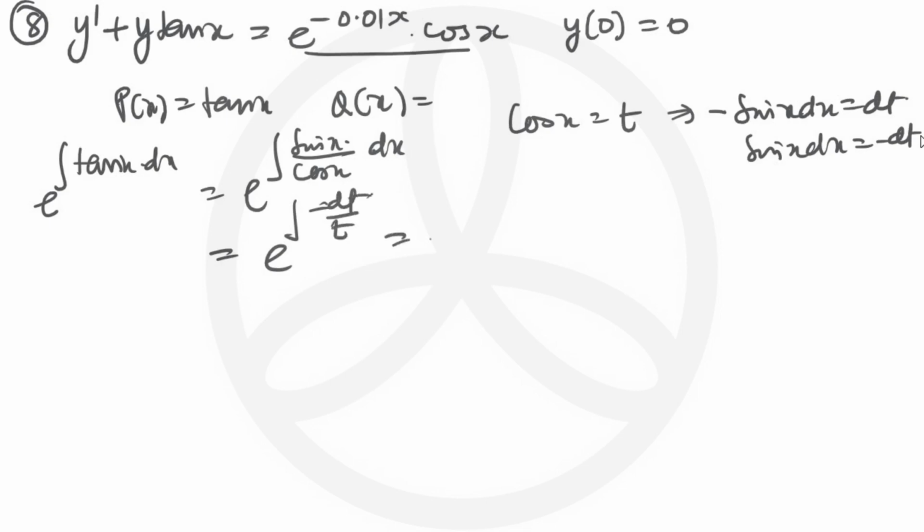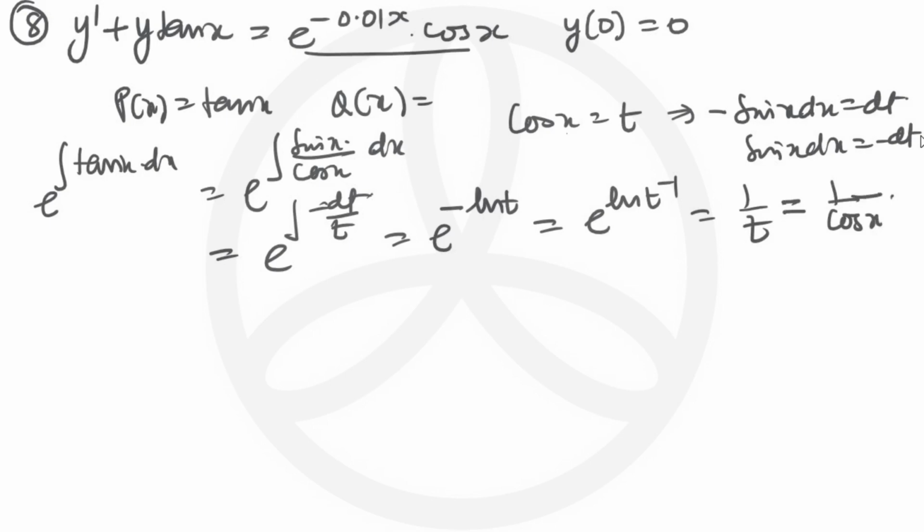We get e to the power minus ln t, or simply e to the ln t to the power minus 1, or 1 by t. And 1 by t is how much? Since we have assumed cos x is equal to t, 1 by t will be 1 by cos x, or sec x.